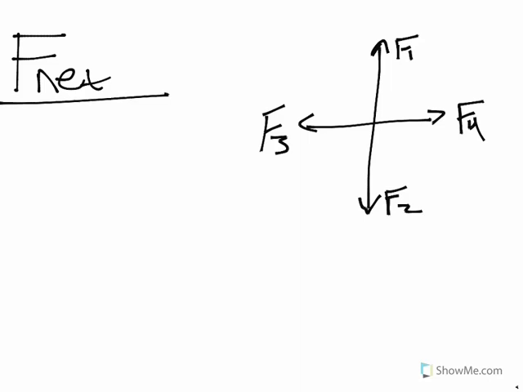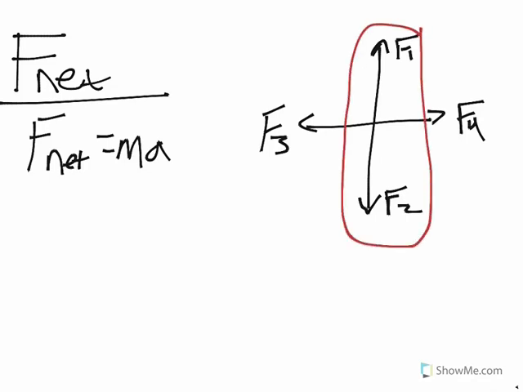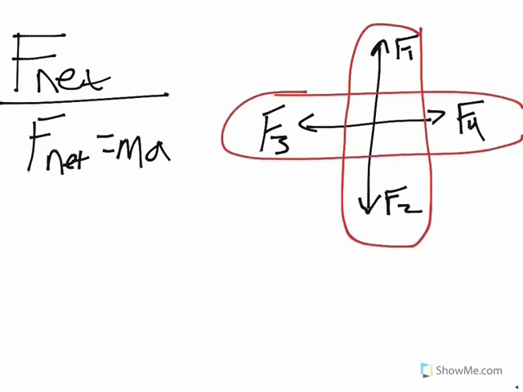So first of all, if you'll remember, net force is equal to mass times acceleration. Okay? And so the way you do this is you take each section independently. So if these are our forces, we have 4 forces here, we're going to treat the y's and the x's independently.